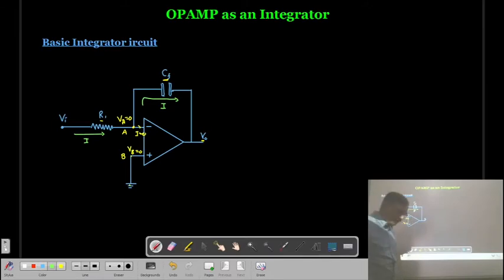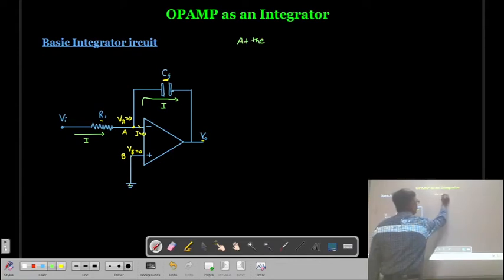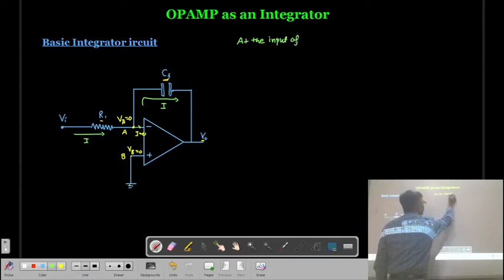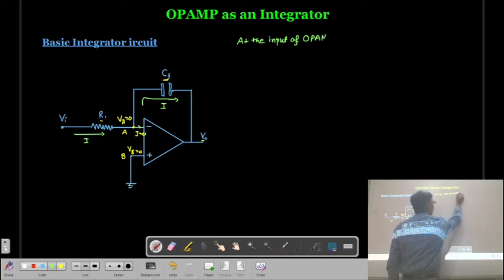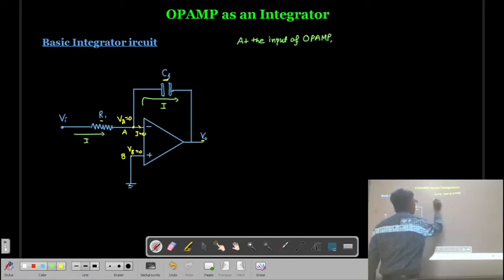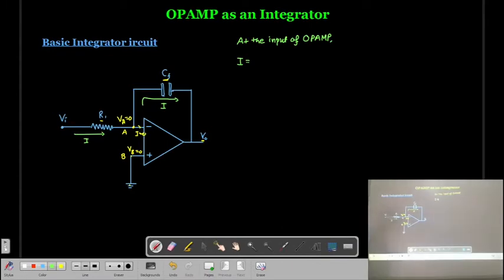Now, we will write the expression for the current I at the input part. At the input of the op-amp, we can write the current I is equal to V by R according to Ohm's law. So what is the potential difference across the resistance R1?